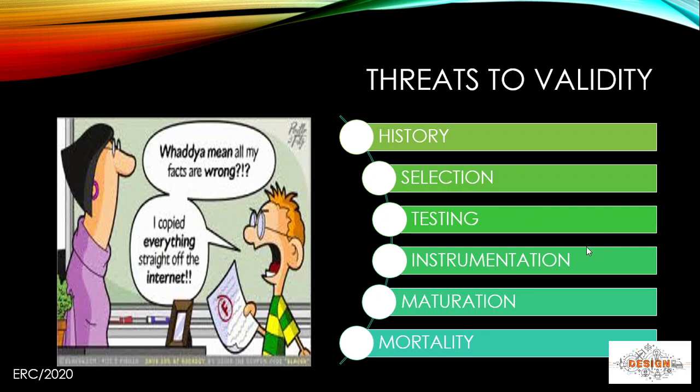So, it is very important for you to select an appropriate research design for you to be able to yield true and accurate information and for you to avoid invalidated study results. So, iisa-isahin natin yan. Ano ba itong mga threats to validity? Yung history, yung selection, the testing, instrumentation, maturations, and mortality. And magbibigay tayo ng examples isa-isa.